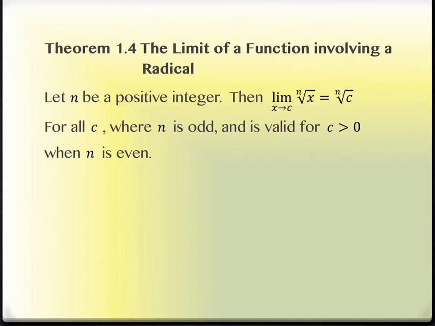You see the condition telling us that c has to be greater than 0 when the index, the n part, is even. So square roots, 4th roots, 6th roots, things like that. Again, it's not really something to be worried about. Typically, that's not the question you're asked, but it is an awareness factor that there are some limitations.